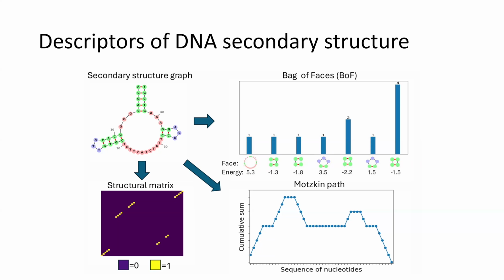So as you can see, we record separately in a vector how many of each type of face we have, but also the specific energy of that interaction. So hopefully we're encoding some more complicated energetics of the aptamer than just the total delta G. We get some more detailed information there.